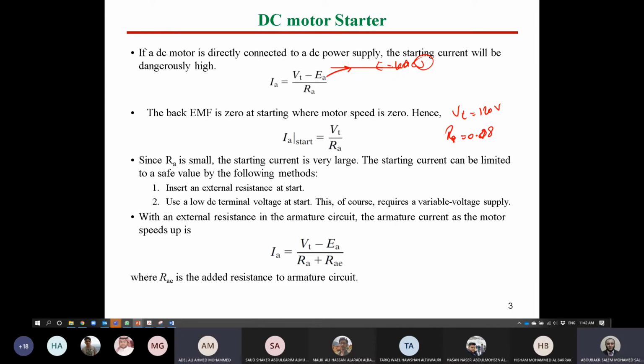It's a very huge value. I'm not sure the value was 0.08 or not, but if you compare it to definite motor parameters, it will be very high compared to the rated current. So what can we do? It was 0.5 resistance? Yes. And the rated current was 160 or like that.